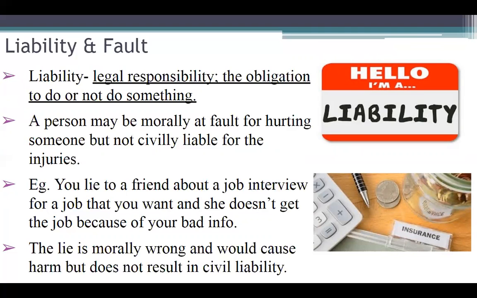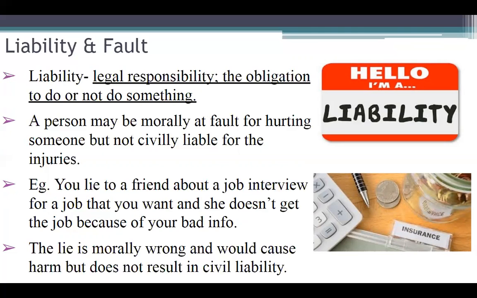So technically, you did something morally wrong to your friend in that scenario, and honestly, you should rethink your life choices because that's just kind of a bad move as a friend, right? But technically, you didn't do anything civilly wrong, right? You didn't cause her to get injured in any way. She didn't have the job in the first place. It's not like you got her fired from her job, right? But she probably should look for new friends if this is the case, right?